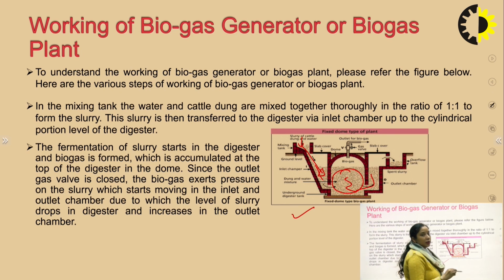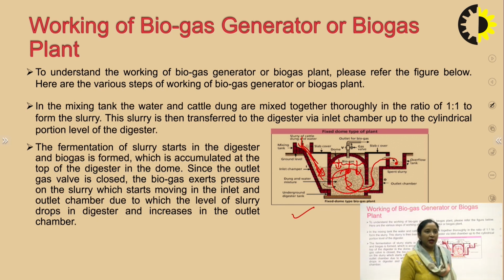After a few days, fermentation takes place and the gas is generated. Whenever there is gas over there, it creates a downward pressure on the slurry, so this slurry will go to the overflow tank and new slurry will be added to the digester.